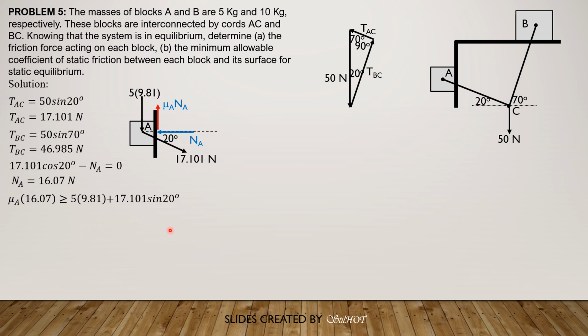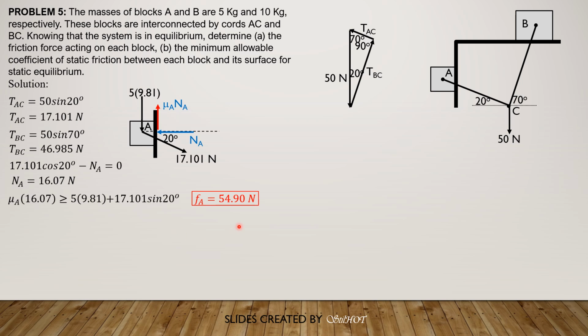So, from there, this is the friction force. This should be the friction force of block A. Then, computing for the coefficient of friction, it should be greater than 3.416 newtons.